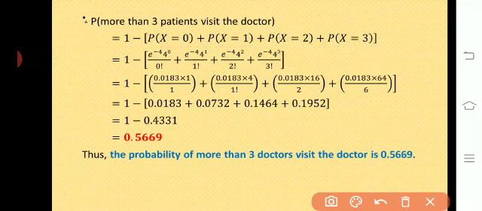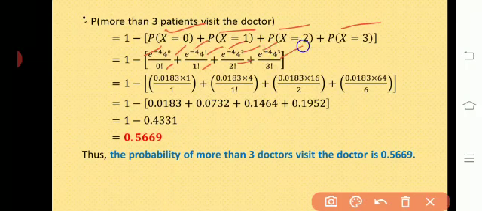Now in the PMF, put x equal to 0, and you will get 1 minus, in the bracket, e raised to minus 4 into 4 raised to 0 upon 0 factorial, plus put x equal to 1, that is e raised to minus 4 into 4 raised to 1 upon 1 factorial, plus put x equal to 2, that is e raised to minus 4 into 4 raised to 2 divided by 2 factorial, and at the end put x equal to 3, you will get e raised to minus 4 into 4 raised to 3 divided by 3 factorial.